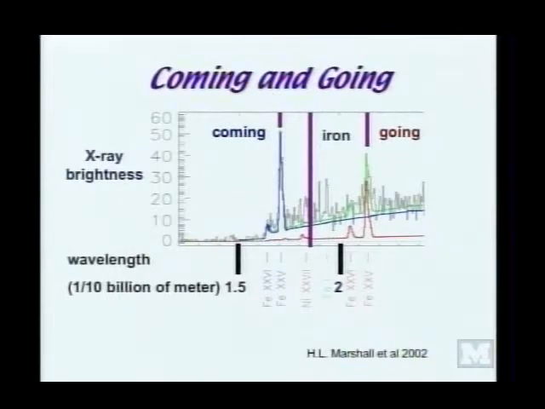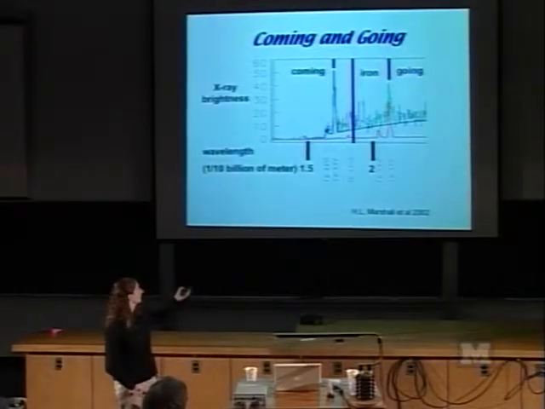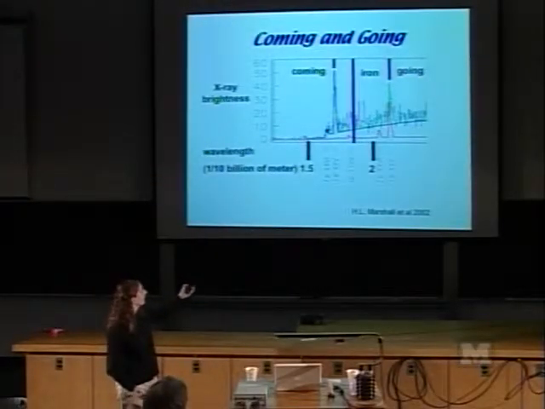Instead, they see a line that looks suspiciously like the iron over here at smaller wavelengths, that means more energetic, and another line that looks suspiciously like iron over this side, which is at longer wavelengths, therefore less energetic. What they are seeing is split lines, both blue shifted and red shifted from this object. The object is both coming and going. This is the sign that they have the two jets, one coming towards us with a bright line and one going away from us with a faint line.